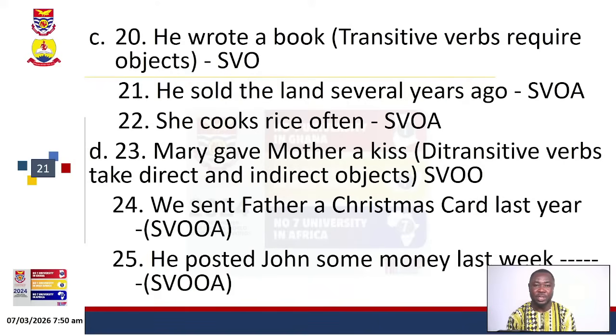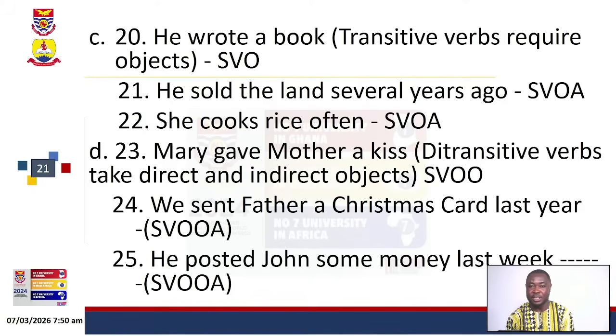In example 24, "We sent father a Christmas card last year." So here what do we have? We have subject, verb, indirect object, direct object, and then an adjunct. We, subject; sent, verb; father, O, and the O is the indirect object here.